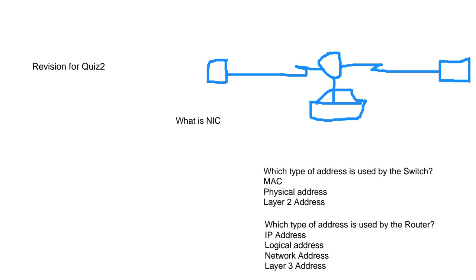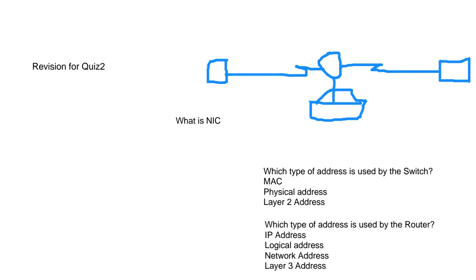Let me see what else we'll give you. Of course, you need to know all the definitions. What is NIC? What is protocol? What are the differences between MAN, WAN, LAN? You have to know that. Remember, there is a table of differences between LAN and WAN.